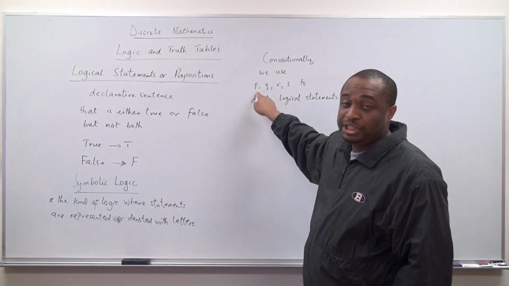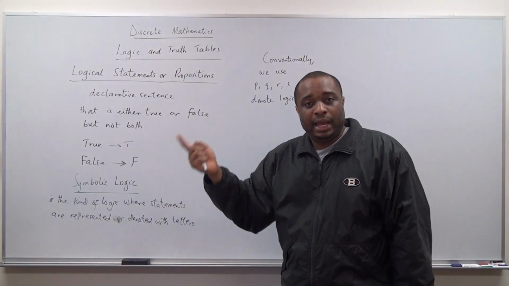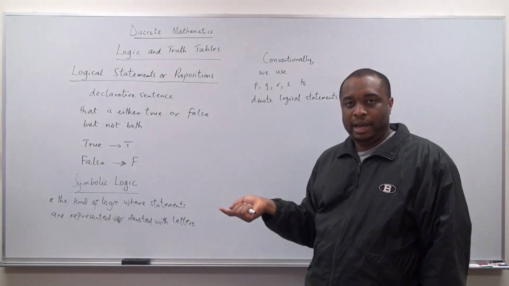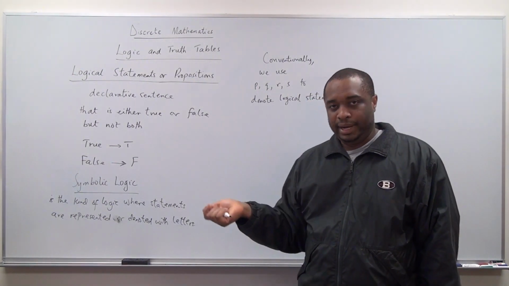If we have 1 proposition, we use P. If we have 2 propositions, we use P and Q. If we have 3 propositions, we use P, Q, and R. If we have 4 propositions, we use P, Q, R, and S.